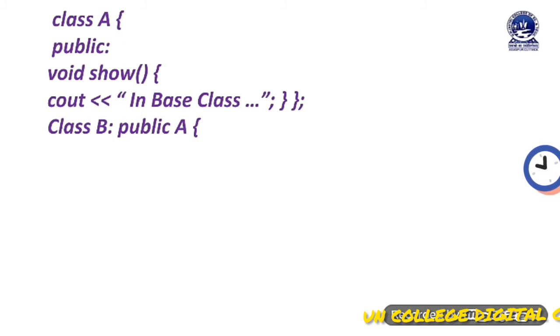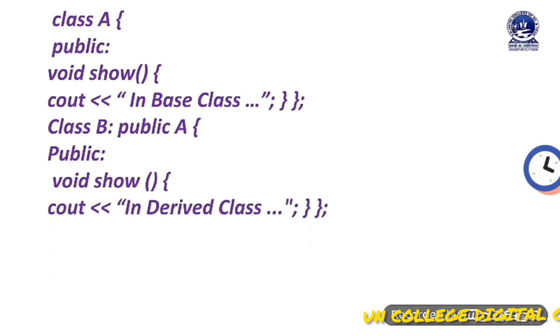Then class B : public A, we are using inheritance here. Class B is the derived class, class A is the base class, and in the public part of class B I have used the void show method. You can see that void show of class A and void show of class B are totally the same. In overloading, the function name is the same but the prototype is different.